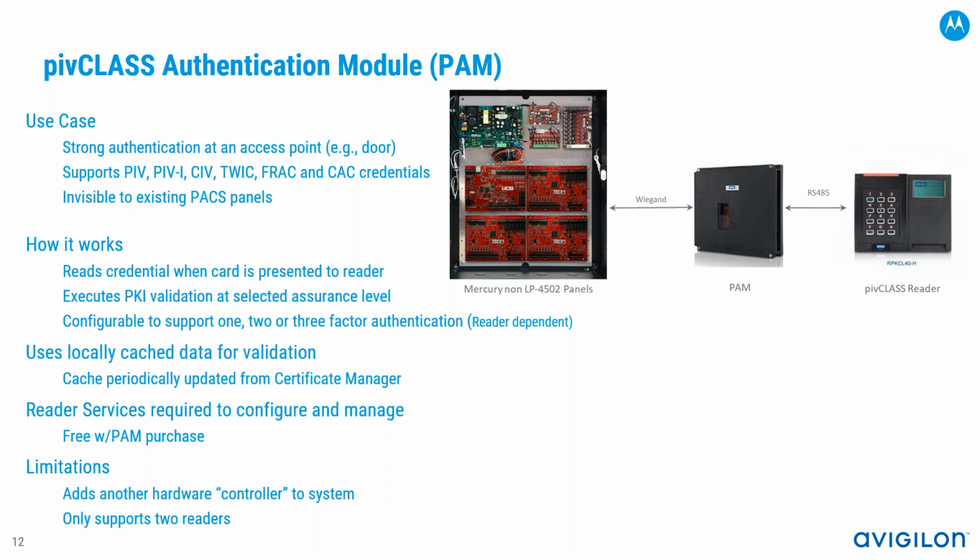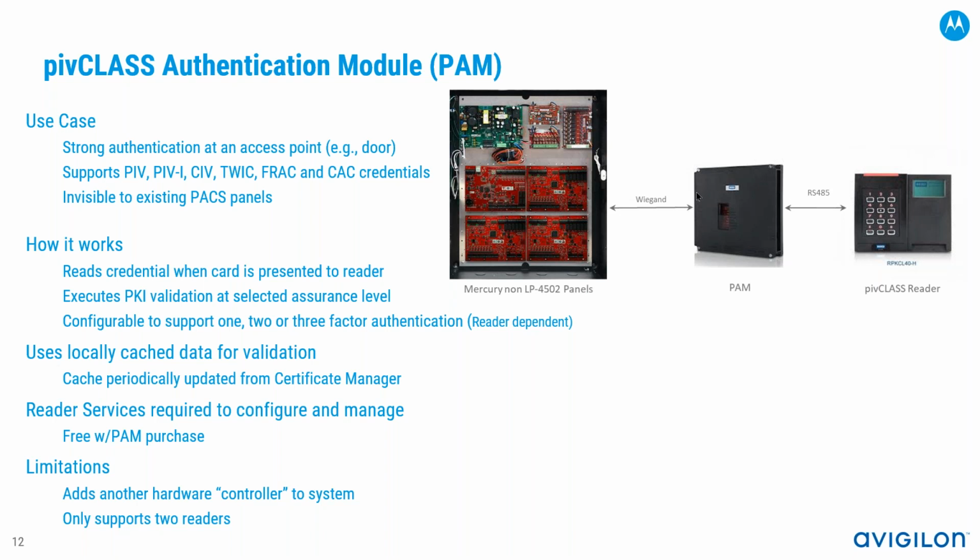Here is the day-to-day operation when someone presents their credential to the reader. What happens after that? There are a couple of things we could do, and it really depends on the agency and on the door. You can see here this reader has a slot down here, so you can insert the card, and then enter the PIN number associated with that card. This information then goes to the PAM.